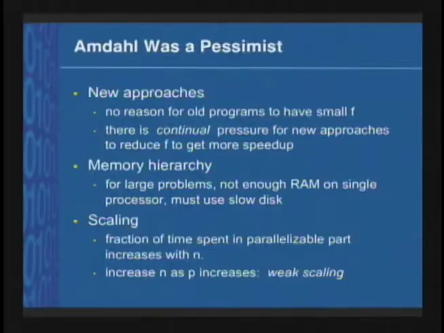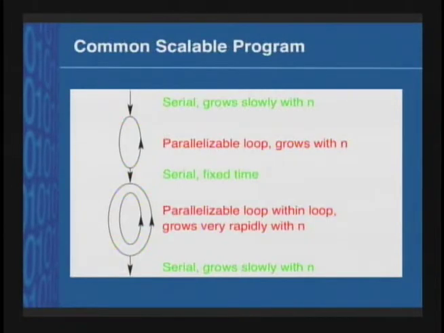Another thing he didn't look at was scaling, about what fraction of the time is actually spent in the parallel sections. Here's really what's going on. If you look at code, even if it's a good parallel code, there are going to be some parts that you really can't parallelize very well.